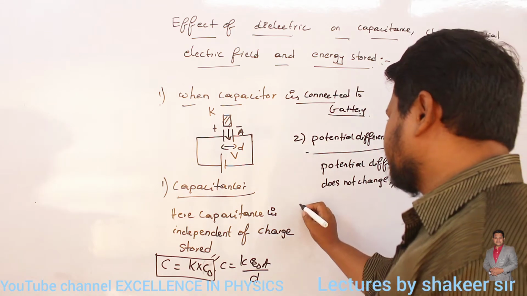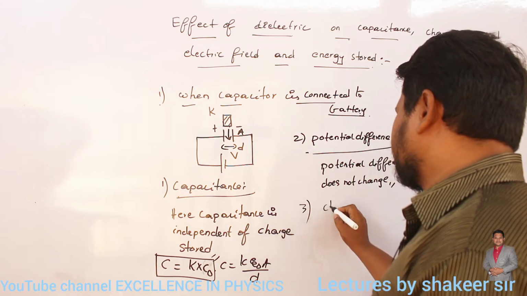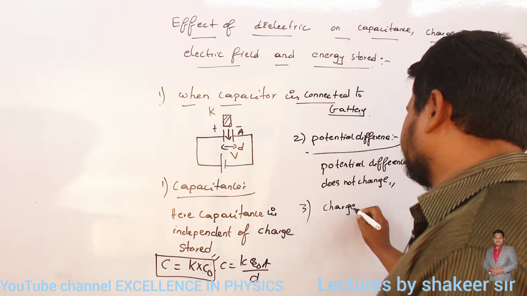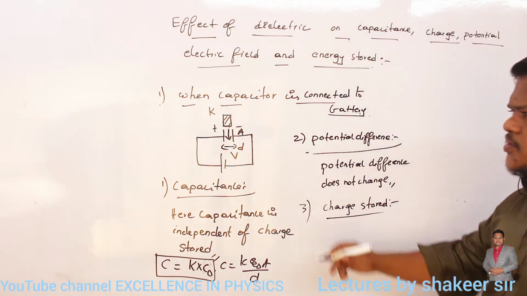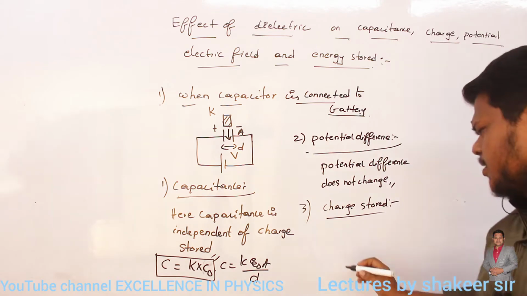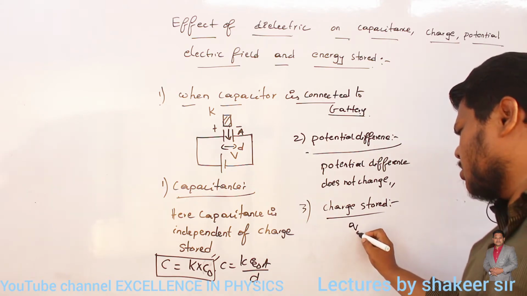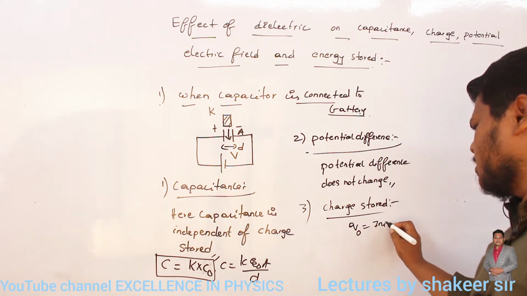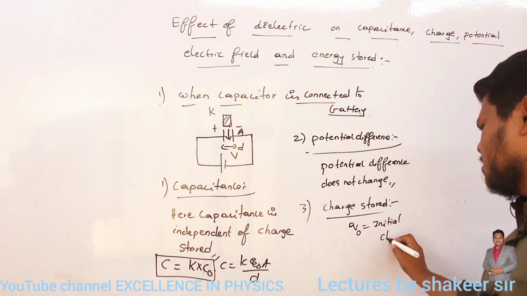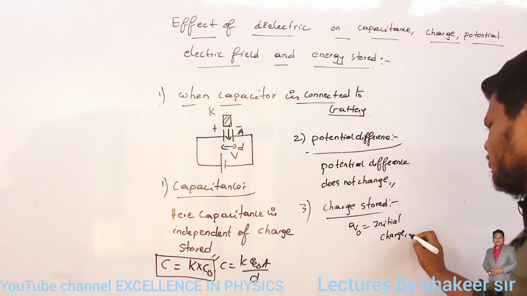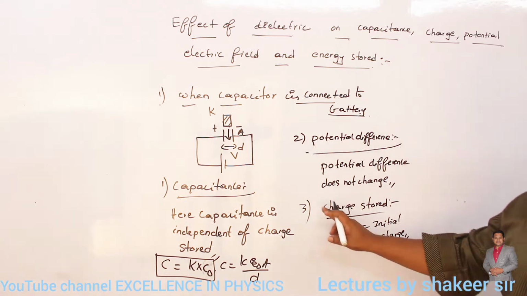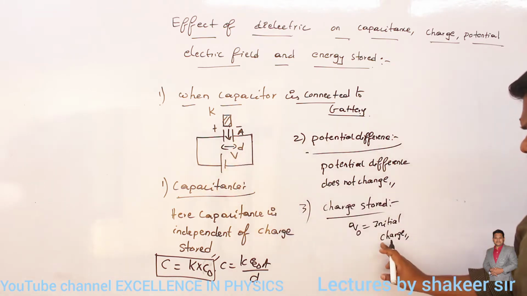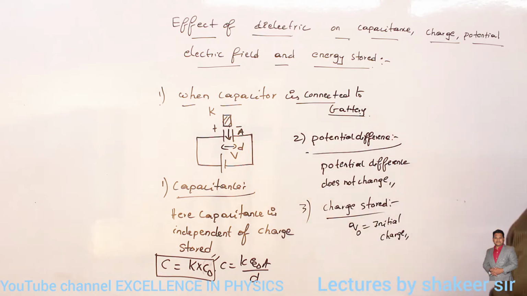Third one is charge stored. Clear? So before insertion of the dielectric, let the charge be Q naught, the initial charge. Before introduction of the dielectric, plus Q naught amount of charge was present on the positive plate, and minus Q naught amount of charge was present on the negative plate.